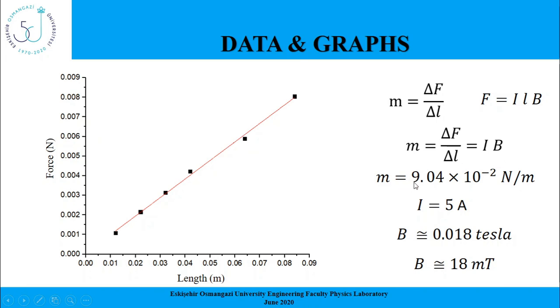So our slope is 9.04 times 10 to the minus 2 Newton per meter, where our current is 5 amperes. So when we calculate the magnetic field, we will also achieve 18 milliteslas.